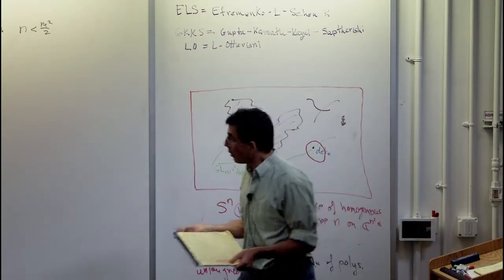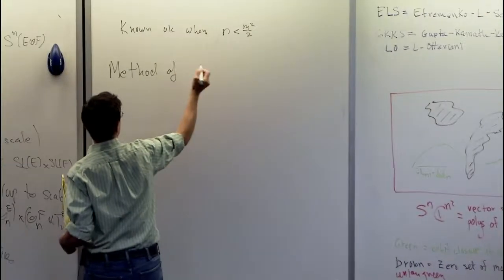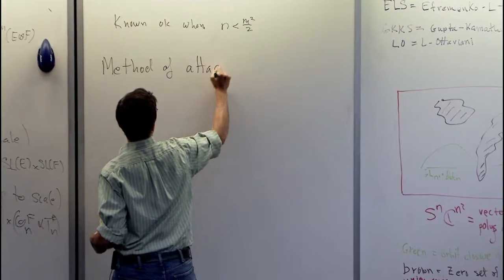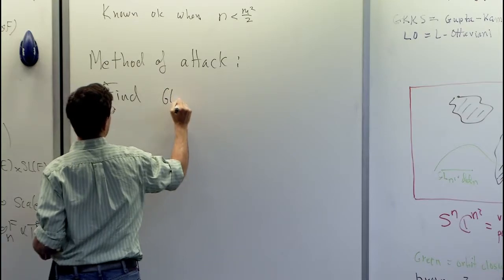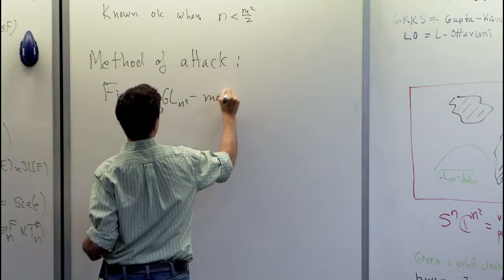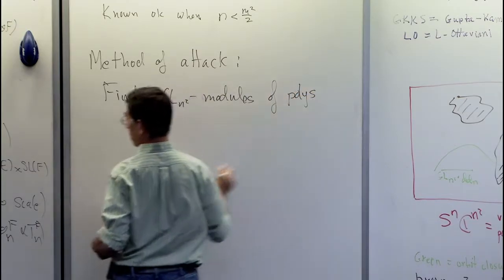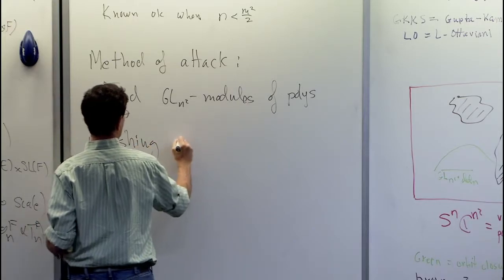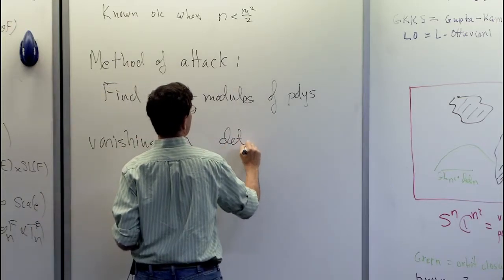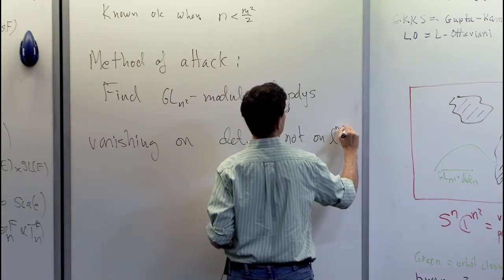All right, so let me write down what I said because it's so important. The method of attack is: find GL_{n²}-modules of polynomials vanishing on the determinant and not on the permanent.